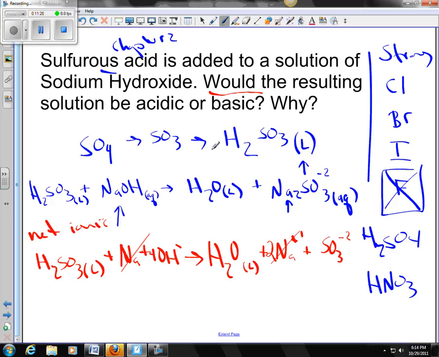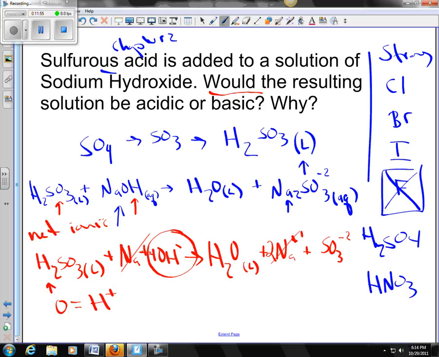Just remember from our reading, we are taking a weak acid and reacting it with a strong base. So in our solution, we will end up with mostly, if you look right here, hydroxide ions and almost 0 H plus ions.